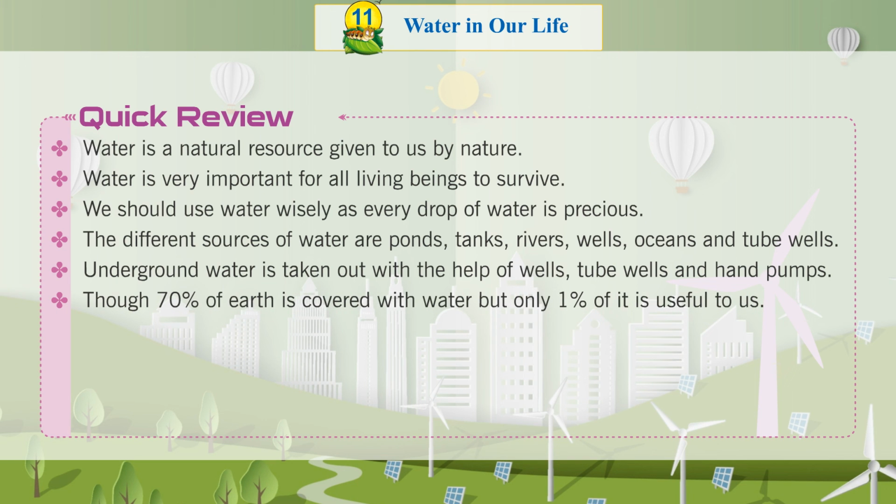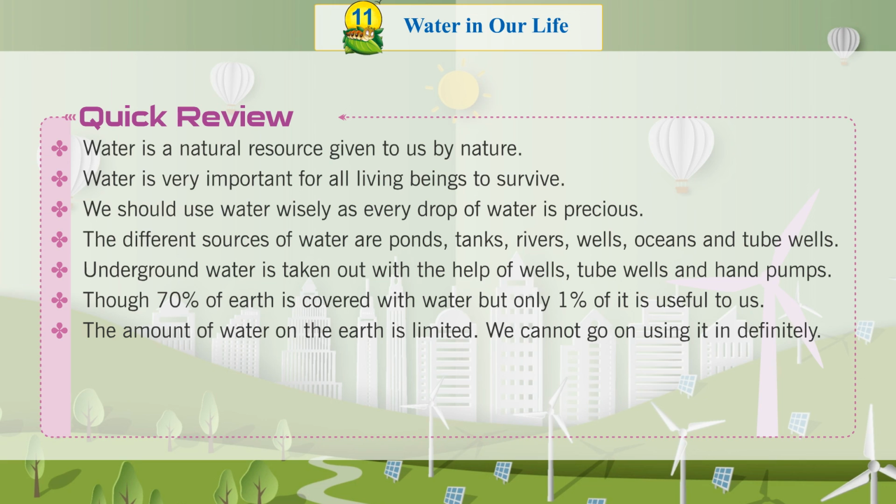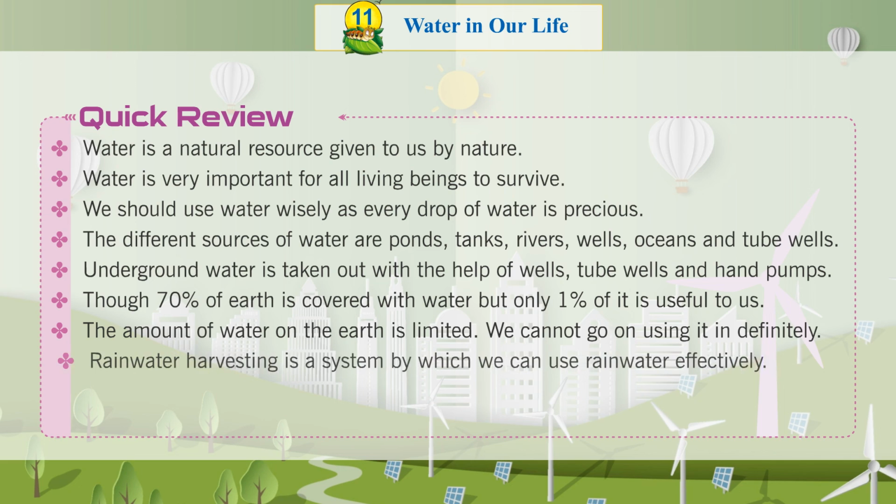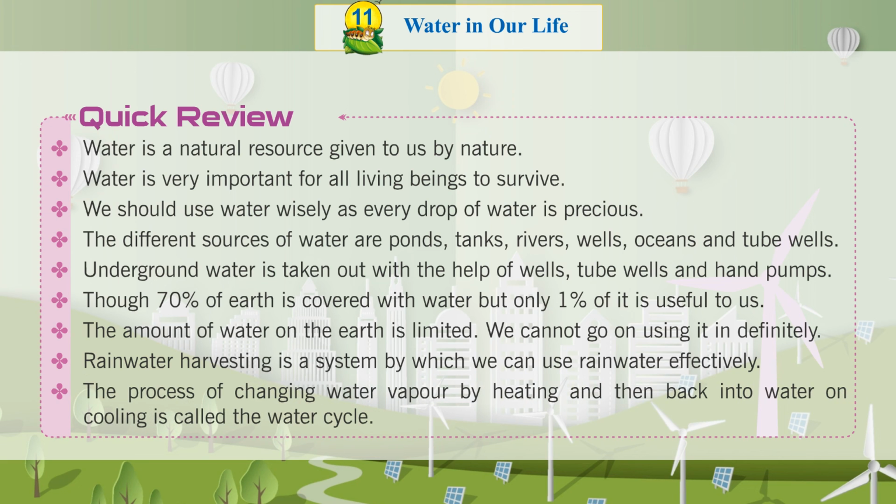Though 70% of Earth is covered with water, only 1% of it is useful to us. The amount of water on the Earth is limited. We cannot go on using it indefinitely. Rainwater harvesting is a system by which we can use rainwater effectively. The process of changing water into vapor by heating and then coming back into water on cooling is called the water cycle.